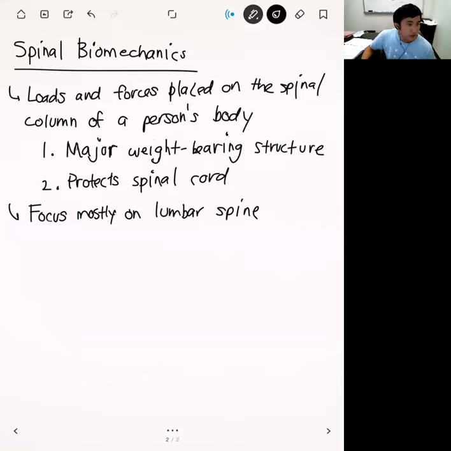The next important thing to know about the spine is all the different sections of the spine. Remember, we have five of them. Going from the top to the bottom, the top part of the spine is known as your cervical vertebrae.